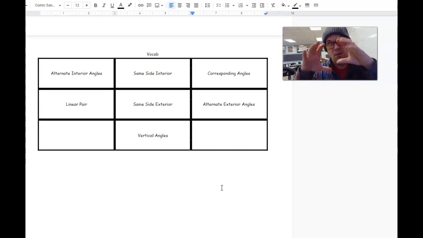Or they're going to be both between the parallel lines, meaning interior, or both not between the 2 lines, which means exterior. And just think about it before you look at that key, and then try to do some of the examples. In the examples, we're either setting things equal to each other, or we're adding things up to make them equal 180.